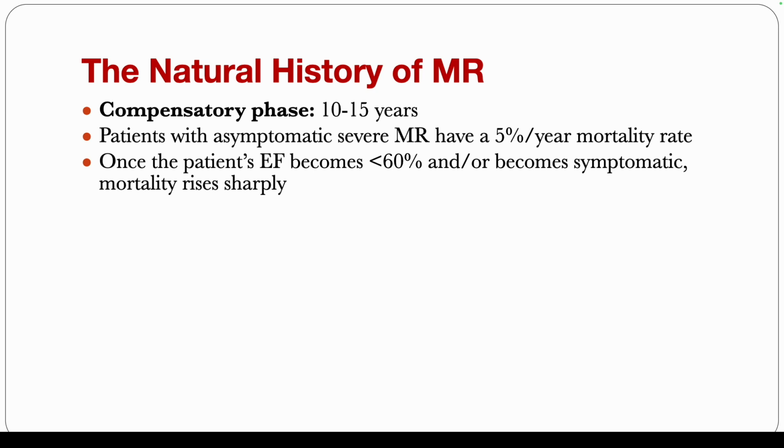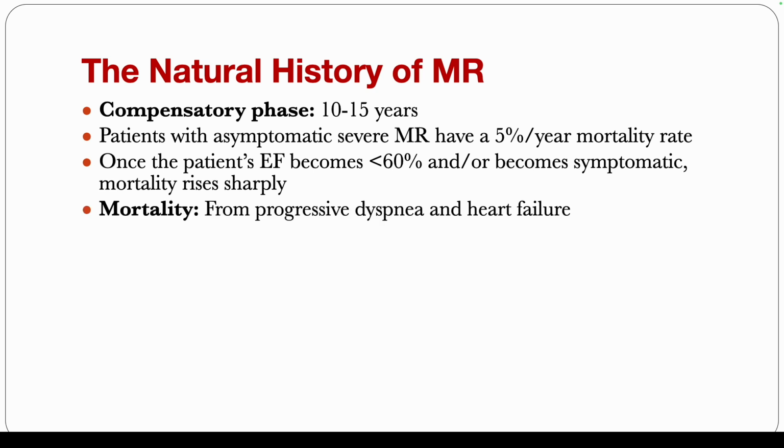But in MR, if the ejection fraction comes to 60%, it means the patient is now compromised because in MR, the ejection fraction is usually more than that. So when the ejection fraction comes to the normal value, these patients are at risk of developing heart failure and death increases in these patients. Are you getting it? Mortality is from progressive dyspnea and heart failure.